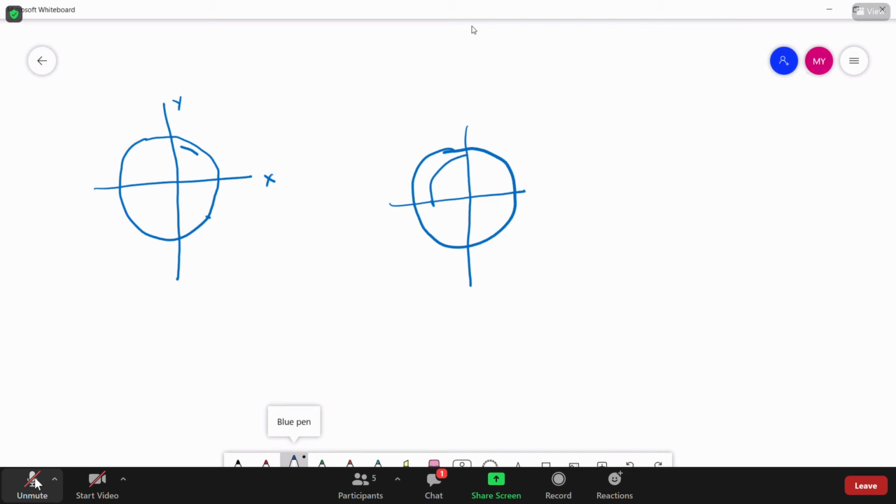This is my A. So A is 1, 0, B is 0, 1, C is -1, 0, and D is 0, -1. This is my positive x direction, and this is my positive y direction. This is my negative x direction, negative y direction. So I have rotated OA through an angle theta.